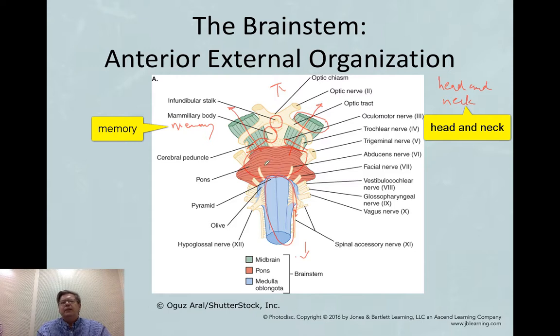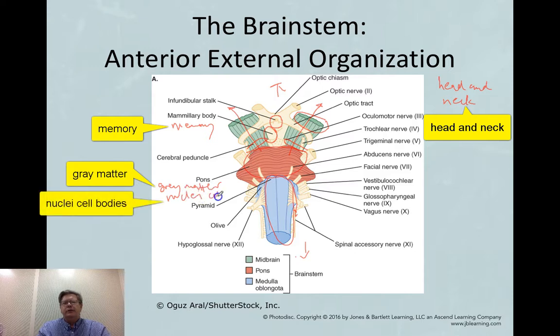Then we have the pons, which is essentially made up of grey matter and has a number of different nuclei located in it, which are the cell bodies. And then we've got the pyramidal structure here, the olive, which is located just to the side, and these are both on the left and the right hand side.